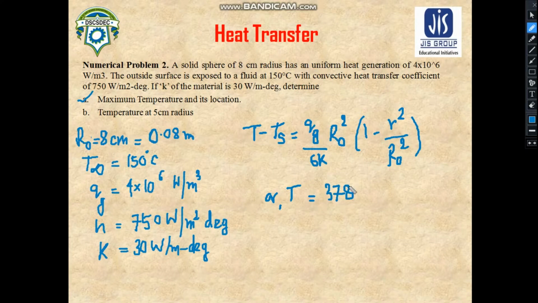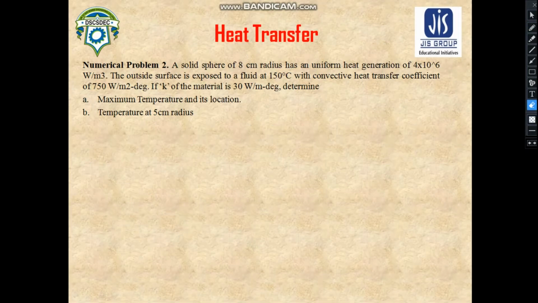I am not going into the calculations, I am just putting the final value, 378.9 degrees Celsius. So it is a very simple problem because you have all the data available. The numericals on conduction heat transfer with thermal energy generation for spherical surfaces are very easy. So after understanding this, we would like to end our lecture here.